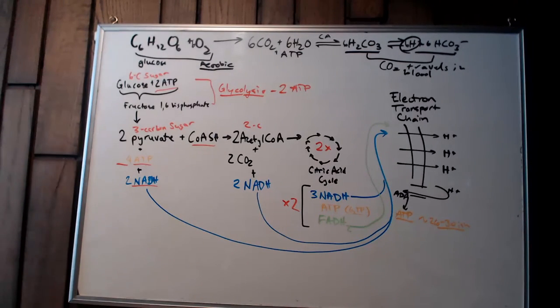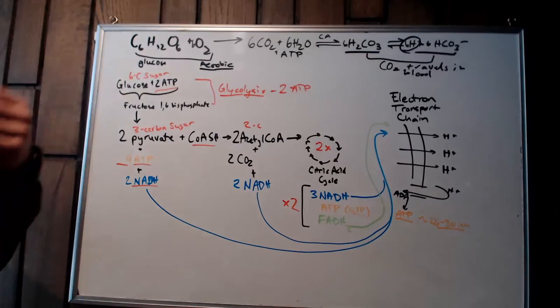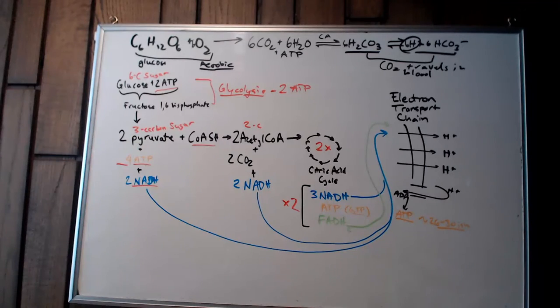The ATP synthase is this weird rotary machine that, as it spins, provides energy. It spins because of the way the hydrogen ions go through it.